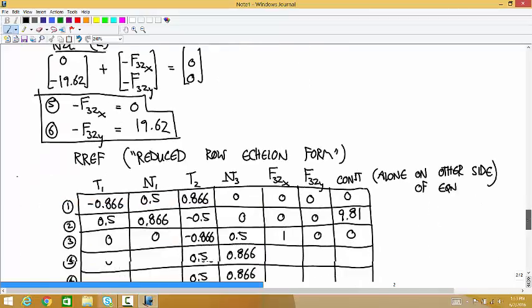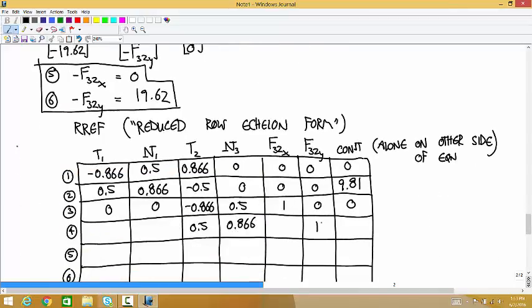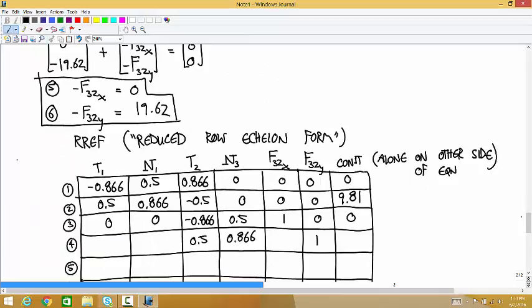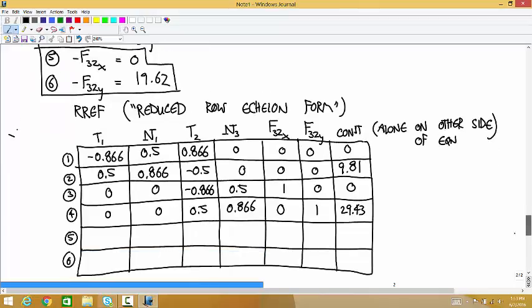F32Ys, we have 1. Constant, we have 29.43. And everything else is 0. And then the last two.